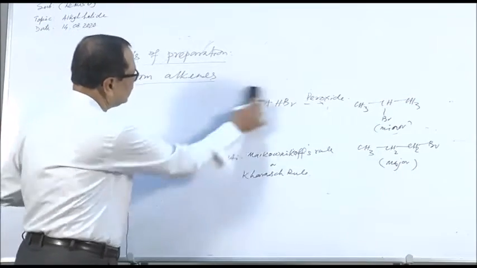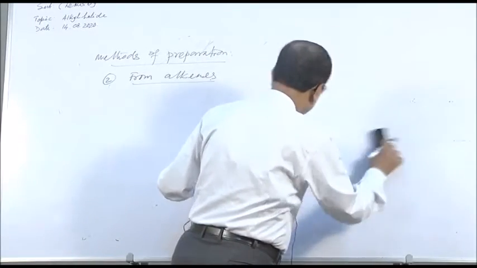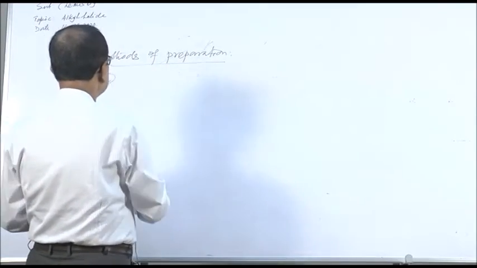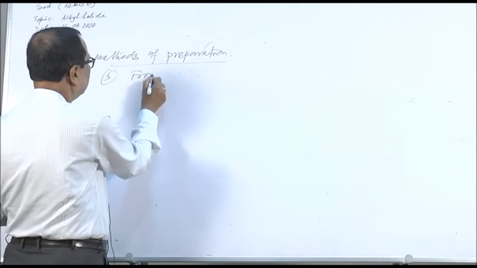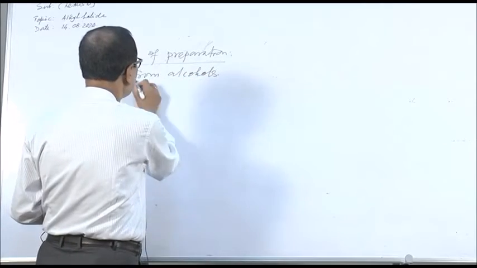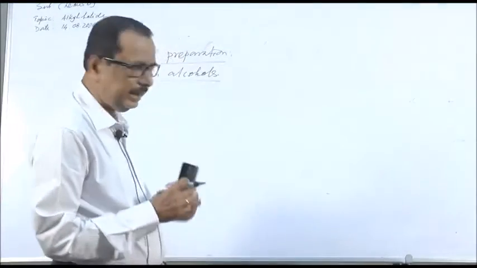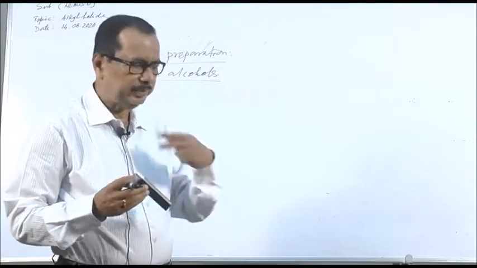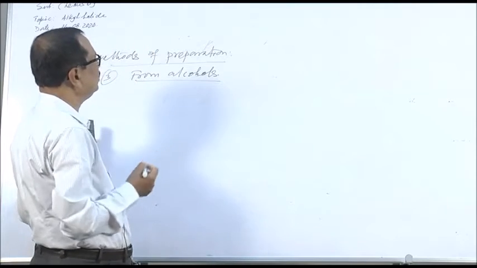Another method of preparation of alkyl halide is the third method, from alcohols. From alcohols we can prepare alkyl halide, depending on the nature of the reagent we are adding.